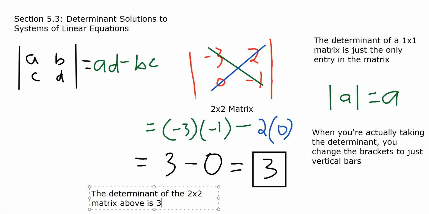So the determinant of a matrix is going to be just a single numerical value. It's not going to be a matrix itself. No, we're condensing it all into a single numerical value. And that numerical value has actual meaning for that matrix.